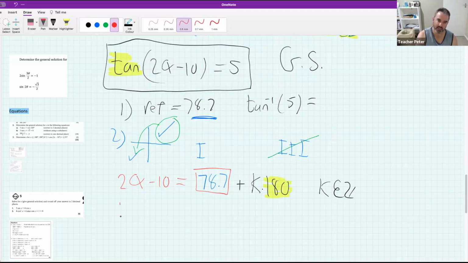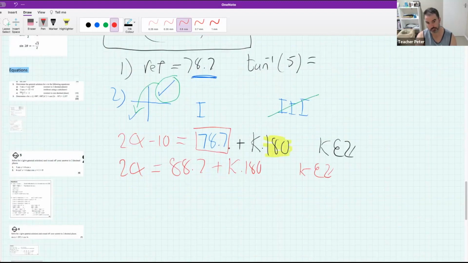And so your next line is going to be what? Well, add 10 to both sides, and then you get 88.7 plus k times 180, where k is an element of the integers. But now I still have to deal with this pesky 2.